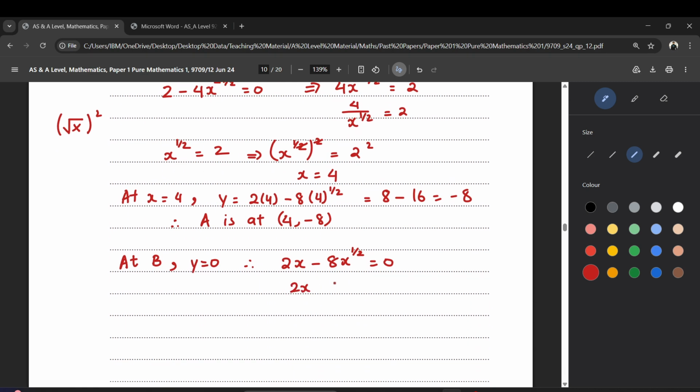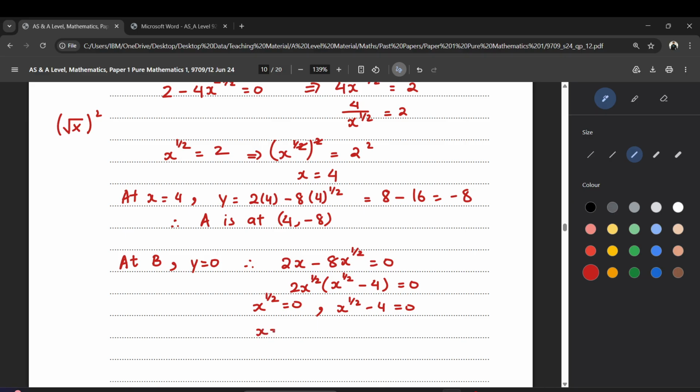Now, here what we can do is, we can take 2 and x to the power half as common. So I would be left with x to the power half minus 4 equals 0. We can factorize 2 and x to the power of half. This 2 goes to that side, and you'll be left with two equations, that x to the power half is equal to 0 and x to the power half minus 4 is equal to 0.